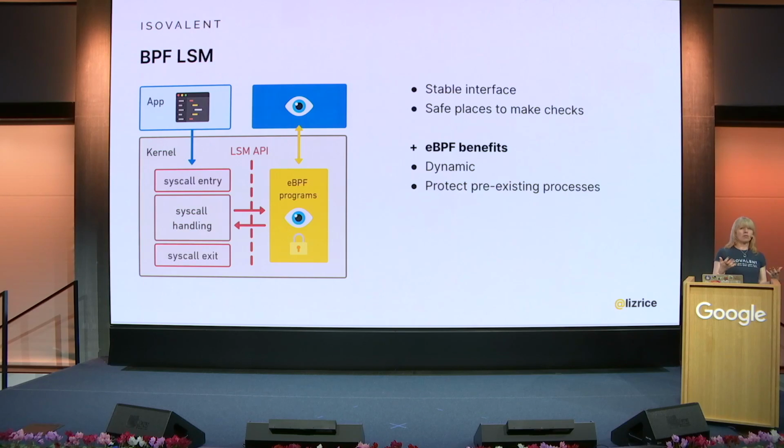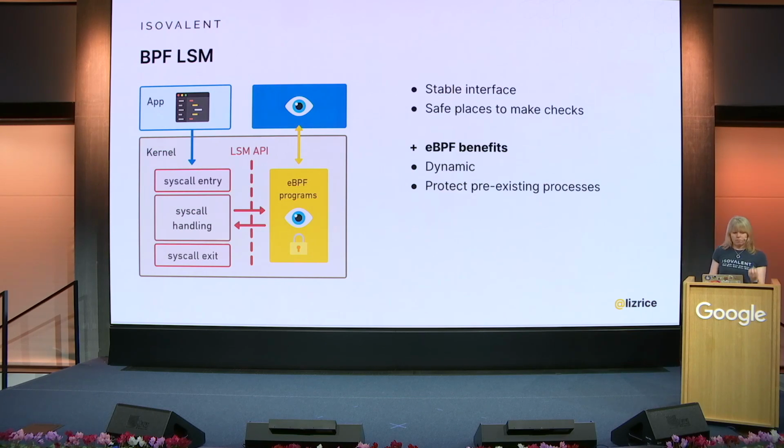For example, rather than having those very fixed ways of configuring tools like SELinux or AppArmor, you can load eBPF programs that can have very bespoke, custom criteria that they're looking for. Plus, you can use eBPF dynamically. It's going to protect any pre-existing processes.